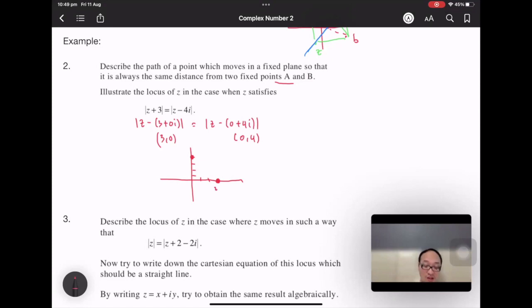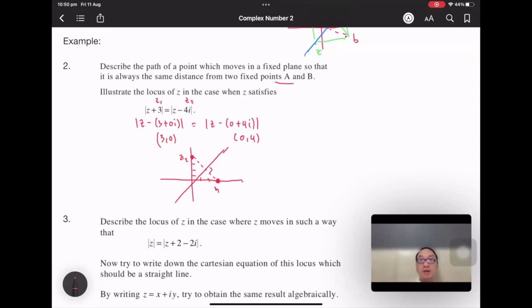This is Z1 and Z2. The set of solutions of the complex number that has the same distance from both Z1 and Z2 will be on the perpendicular bisector, like this. It should be perpendicular, yeah, bisector.